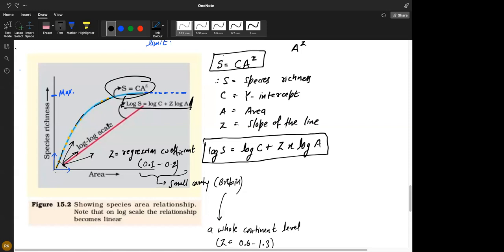When we linearize, it will be a single slope. Yes. And this Z is actually the slope of the line only. So this means that if you have more species richness per unit area, the slope is going to be steeper, right? Yes. Okay.